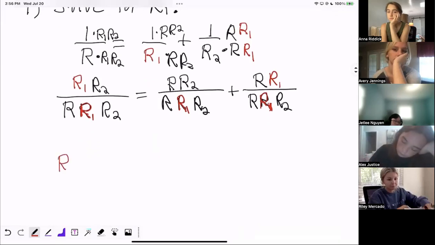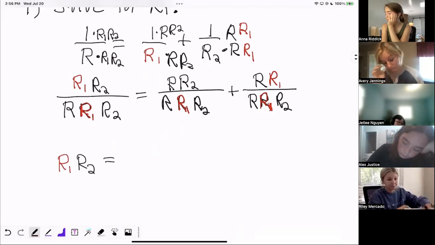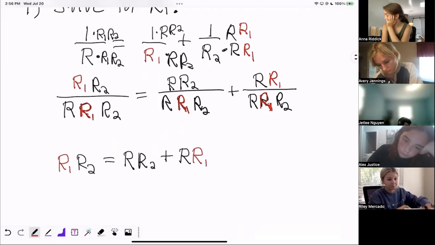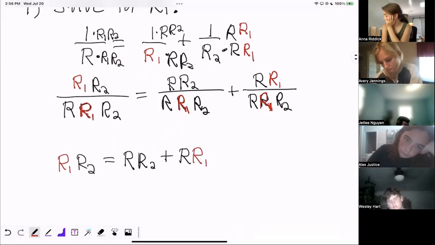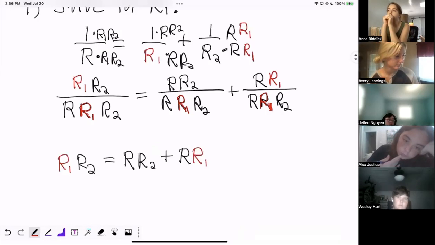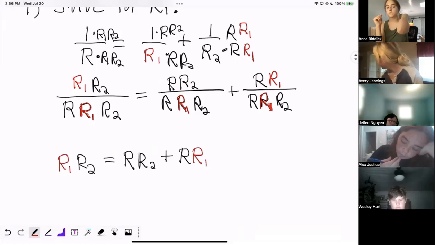So I have r sub 1, r sub 2 is equal to r sub 2 plus r sub 1. Okay, questions up to that? It looks so much different than what we just did. It's exactly like we just did, just lots of r's instead of numbers and x's.